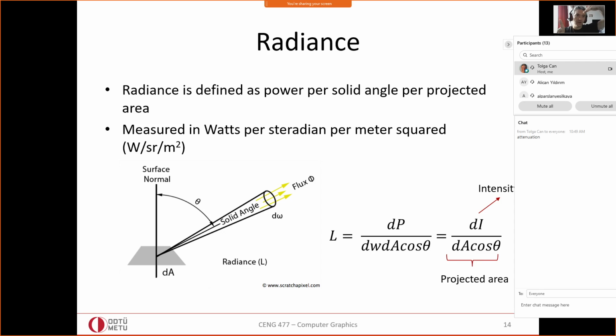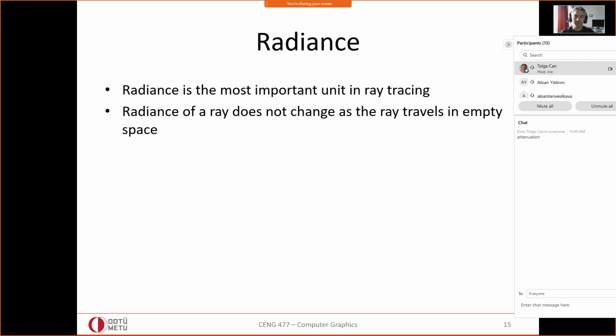If the light rays come to a surface at some angle, the amount of light that is reflected off the surface is proportional to the cosine of the angle that the light rays make with the surface normal. So this is going to be our first observation that we will use in our ray tracing algorithm.